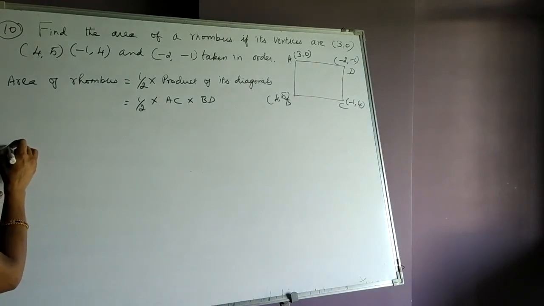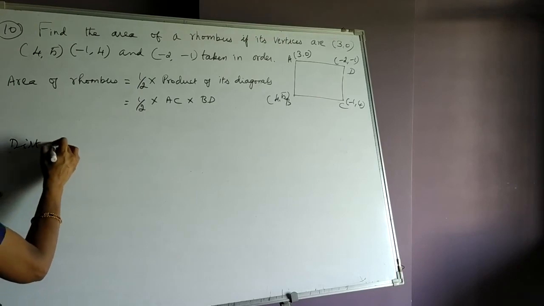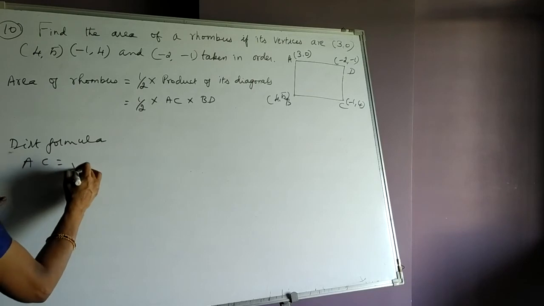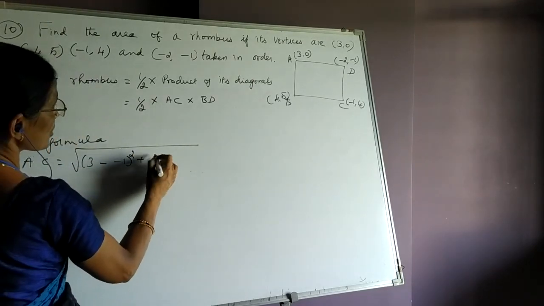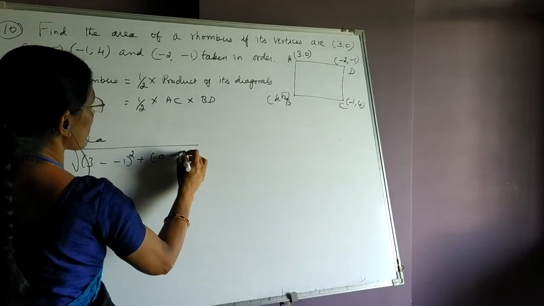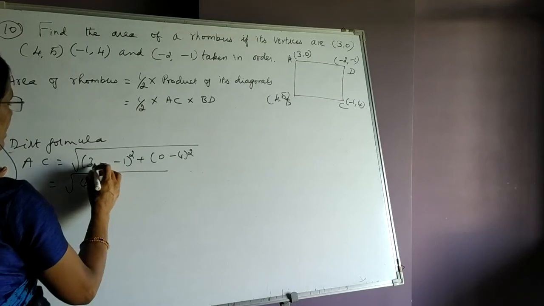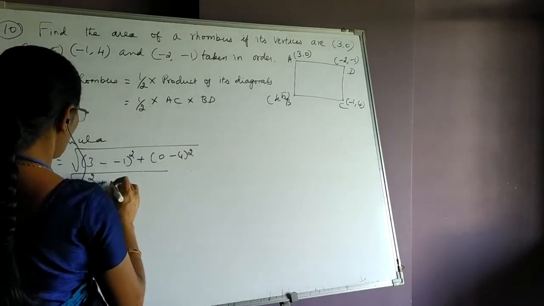So AC is, before that I use a distance formula. By distance formula, AC equals root of (3 minus of minus 1) the whole square plus (0 minus 4) the whole square. 3 plus 1 is 4, square is 16, plus (minus 4) the whole square is 16.